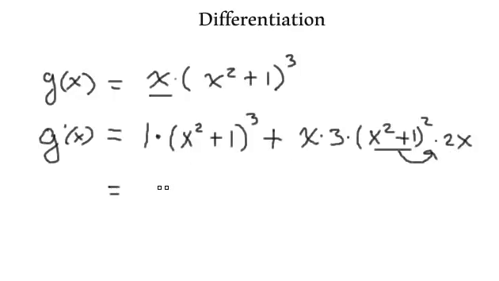And then, of course, we want to kind of rewrite this, clean this up. We have x squared plus 1 raised to the third power plus, what can we do here? I'm going to take this 2x and bring it out front. So that's going to be 2 times 3 is 6. And this is x squared.